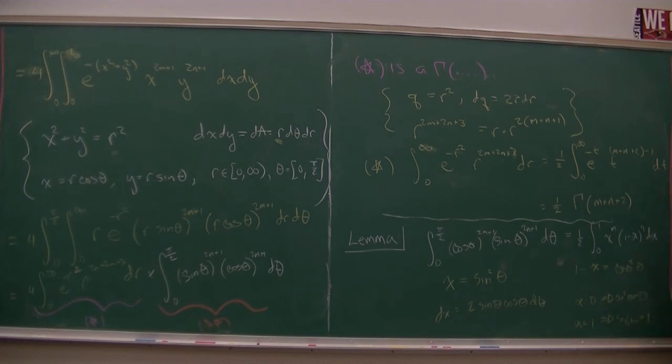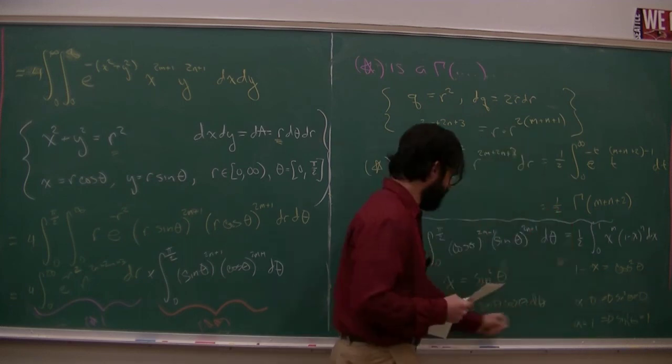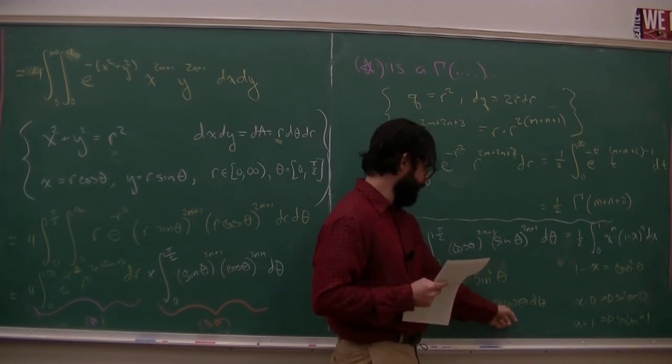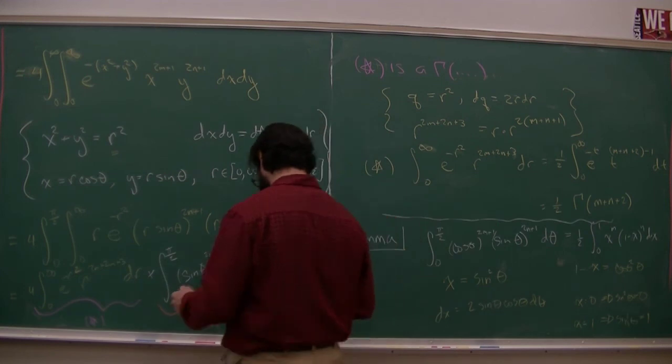So that has the right limits. And then the plus ones are taken care of naturally. These plus ones come from the change of variables between dx and d theta. So that turns out to be our change of variables.